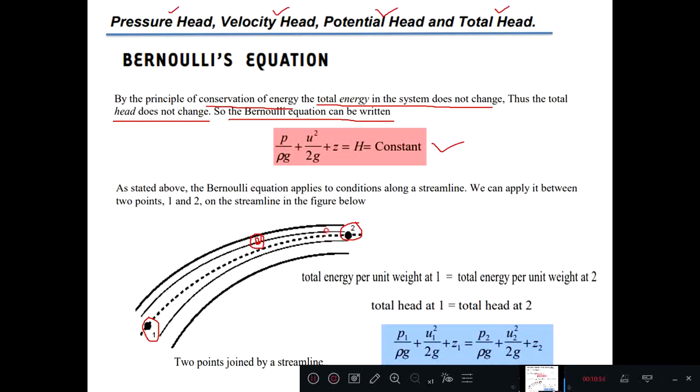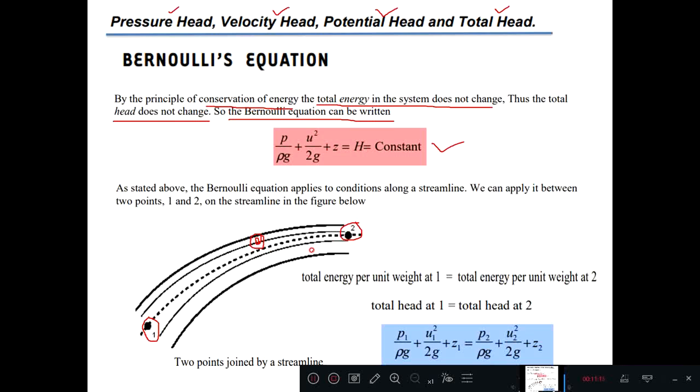So all these conditions I mentioned, that the flow is steady, density is constant, that is incompressible, friction losses are neglected, the fluid should be ideal, are impossible to satisfy at any instant in time. In reality it is highly impossible.